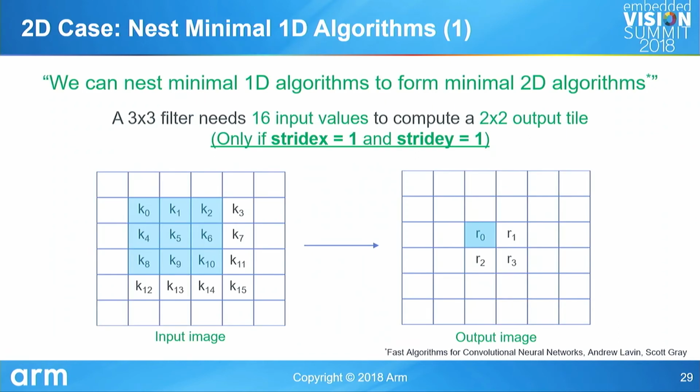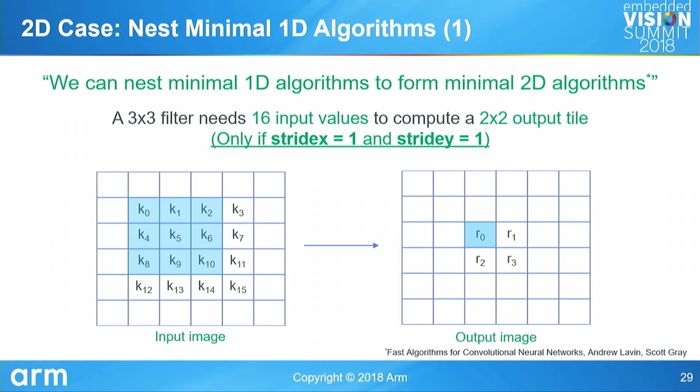However, for convolutional networks, we have 2D images, okay? What can we do to extend Winograd to the 2D case? We can simply nest the algorithm to form a minimal 2D algorithm, okay?